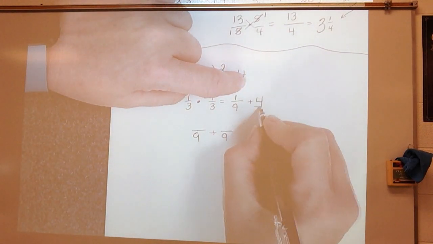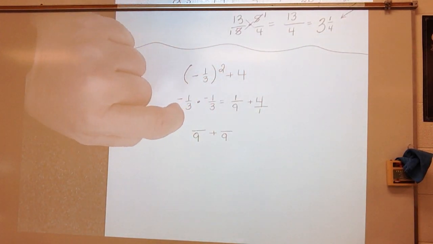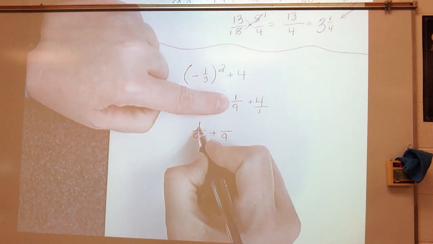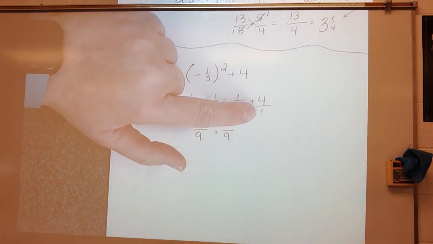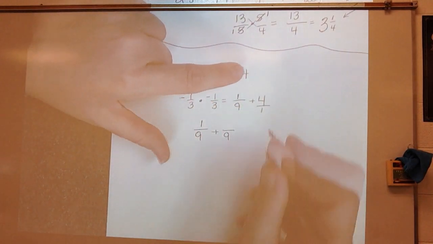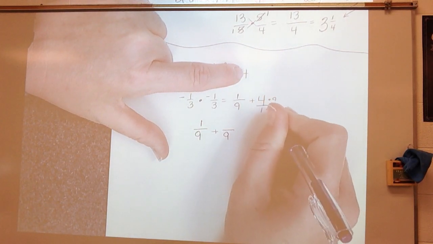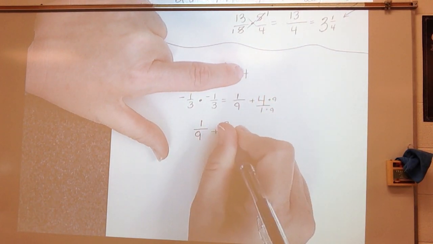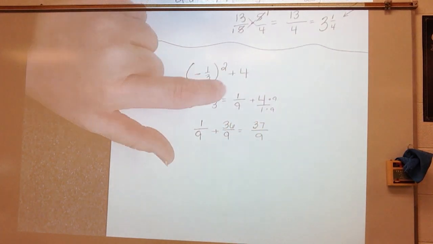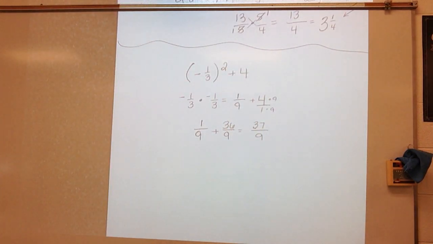All right, this is the same thing as saying 4 over 1. So this one did not change, so I'm going to go ahead and bring it down. That was a 1 and it changed to a 9, which means I've got to multiply everything times 9. 4 times 9 is 36. Now I can add straight across and I get 37/9. I can leave it this way, that's absolutely fine.